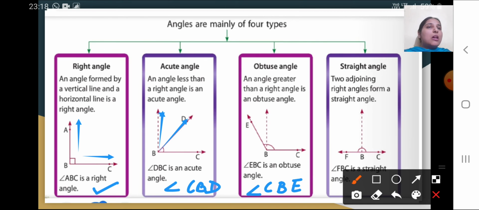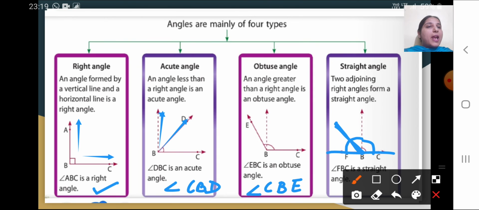Okay, now the fourth type of angle is straight angle. Two adjoining right angles form a straight angle. You can see two right angles here, but this is not necessary. There may be one obtuse angle and one acute angle. They can also form a straight angle. So two adjoining right angles form a straight angle, or one obtuse and one acute angle can also form a straight angle.